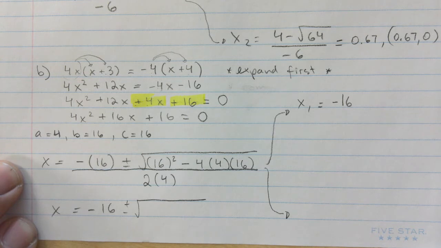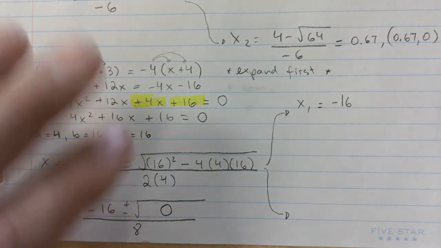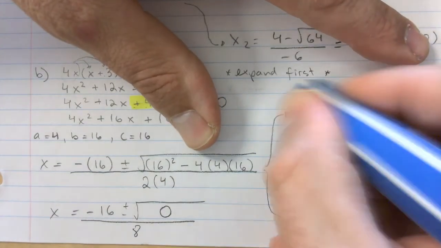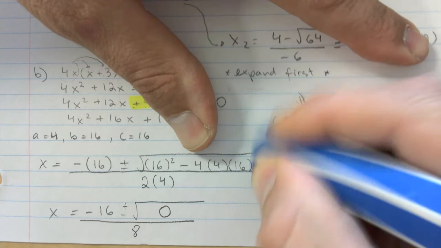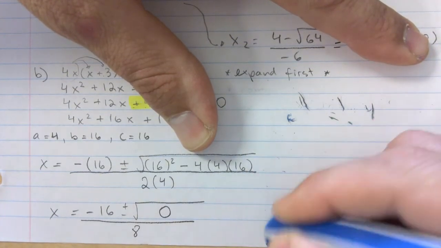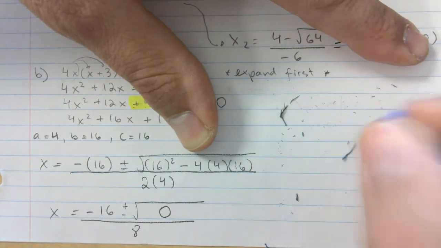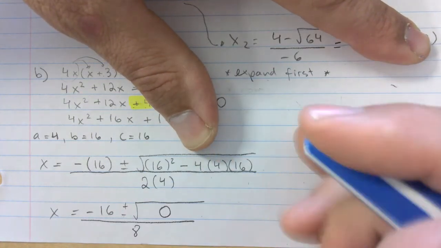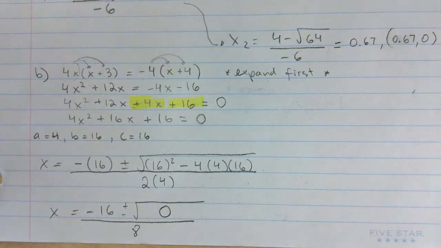So 16 squared, and what do you get in here? I jumped the gun on this one. So I'm going to erase this. There it is.